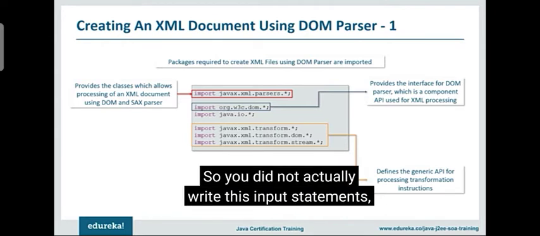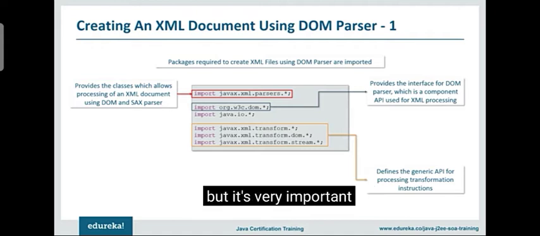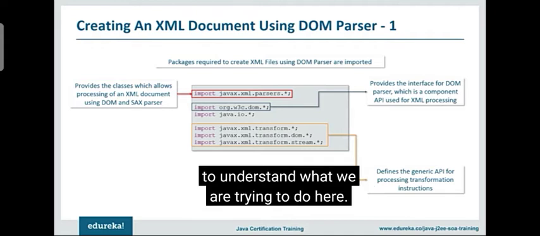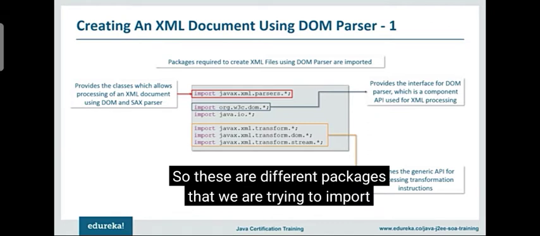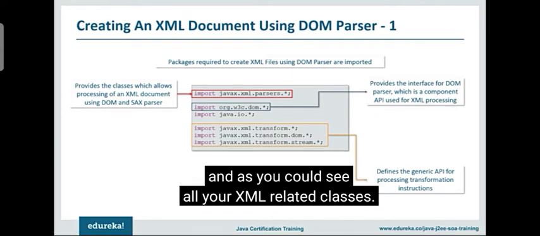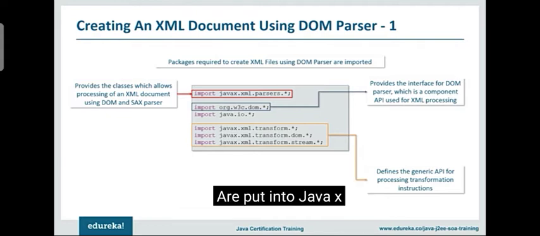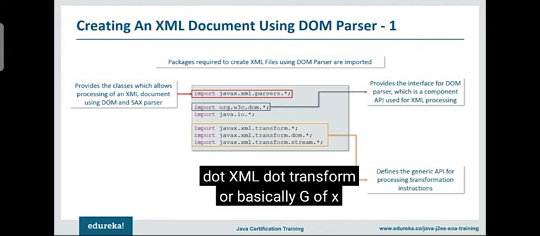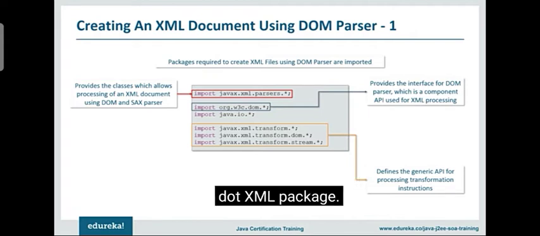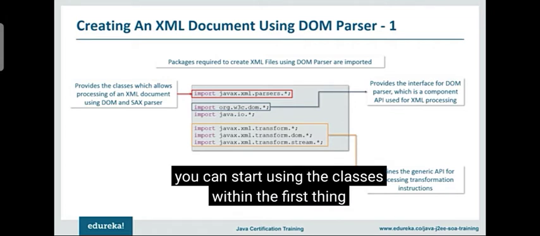So you did not actually write these import statements, but it's very important to understand what we are trying to do here. So these are different packages that we are trying to import. And as you could see, all your XML related classes are put into javax.xml.transform, or basically javax.xml package. So once you import it, you can start using the classes within.